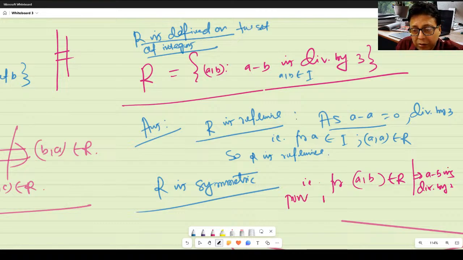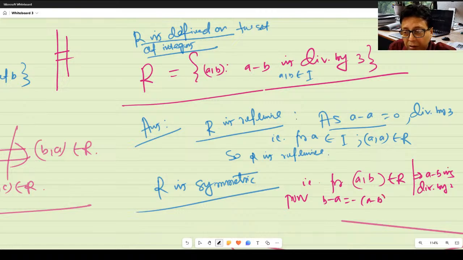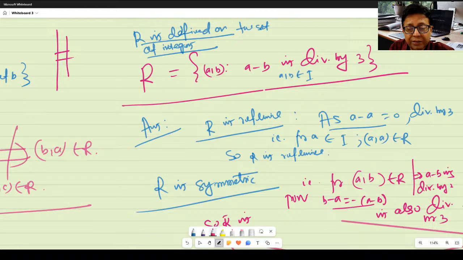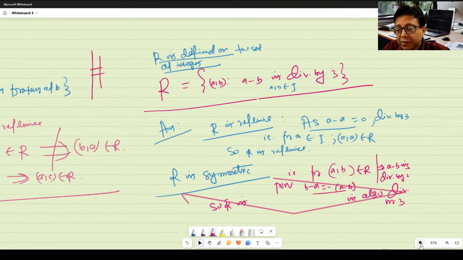Now, B minus A is also divisible by 3. You agree or not? If A minus B is divisible by 3, B minus A has to be divisible by 3. So, R is symmetric. Take R symmetric. Okay? So, R is symmetric.